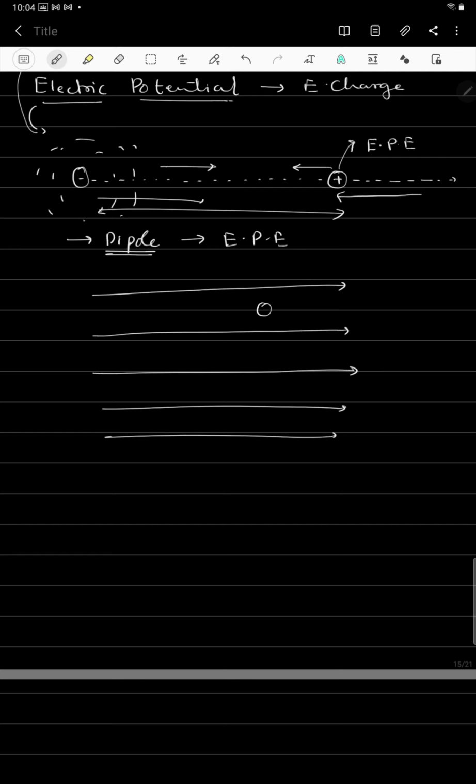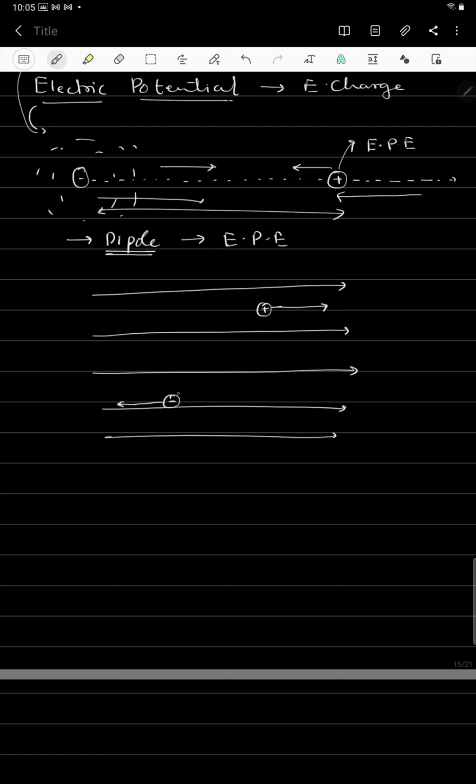One is a positive charge, another one is a negative charge. This positive charge is moving along the electric field, and the negative charge is moving opposite to the electric field.